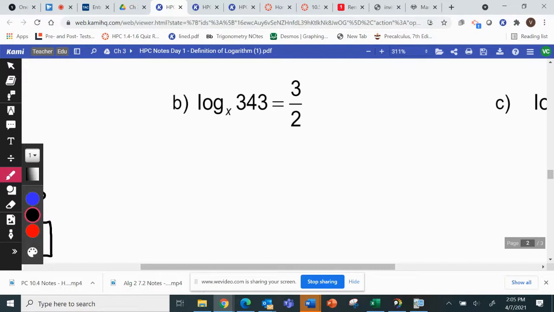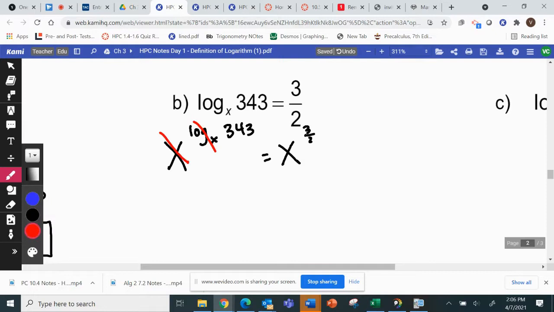How do I get rid of logs and change it into exponential? Abby? Evans? Good. So she's going to exponentiate both sides with a big old x. Both sides. Right?